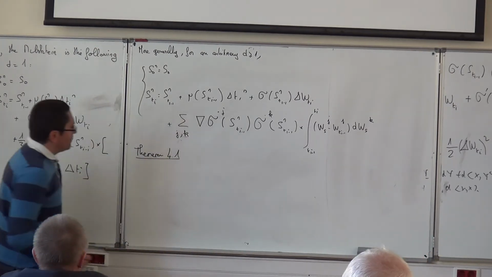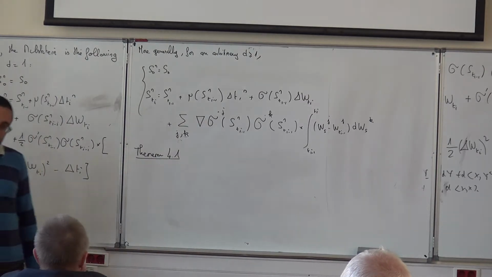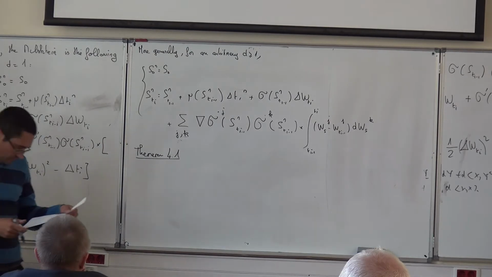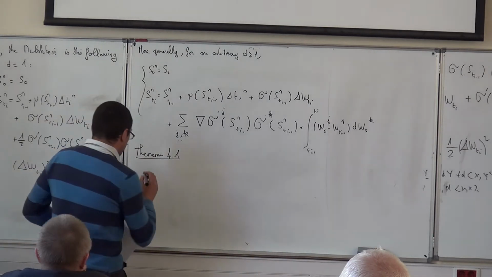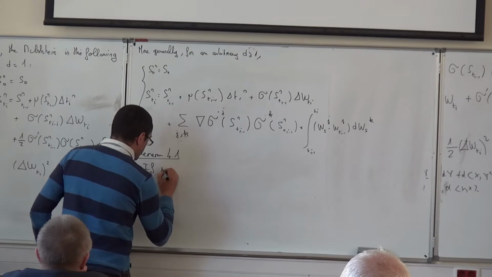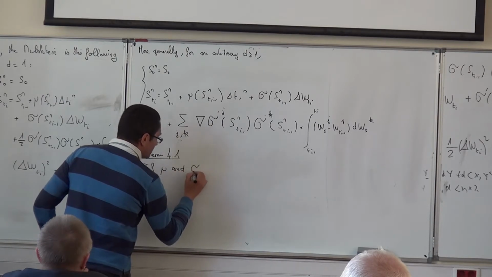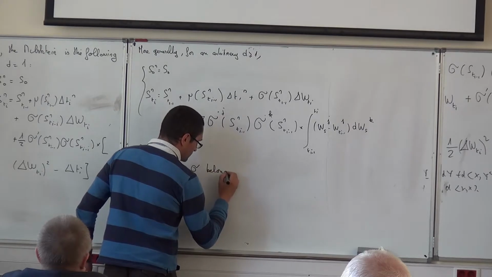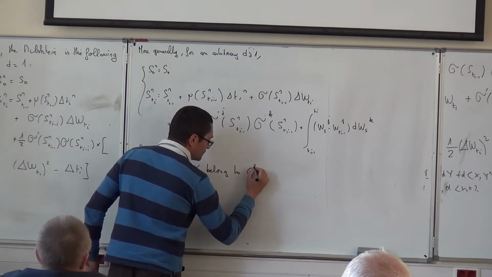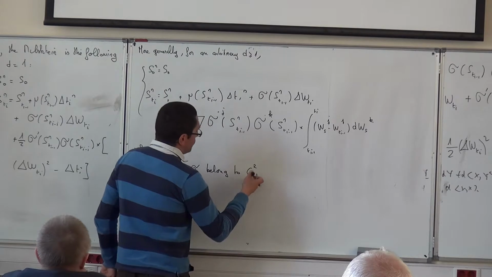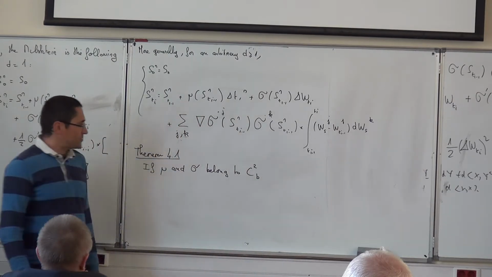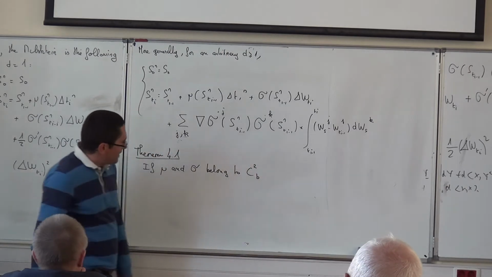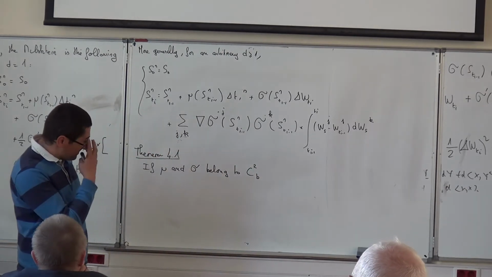This theorem is about the convergence rate of this Milshtein scheme. It says: if mu and sigma belong to C2B, that is, twice continuously differentiable and bounded.